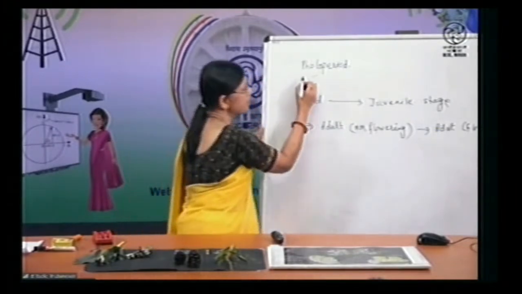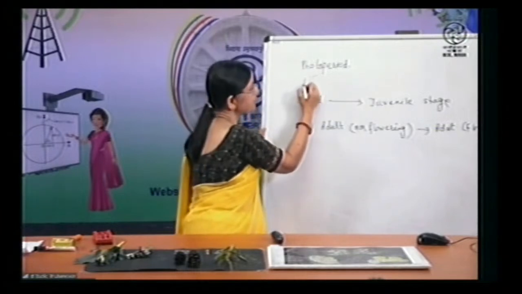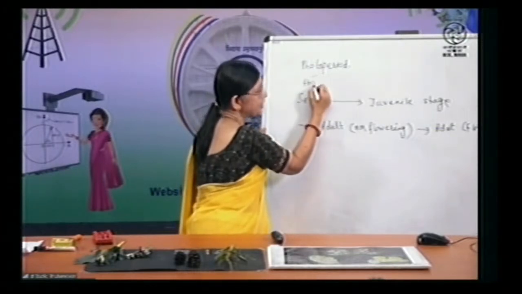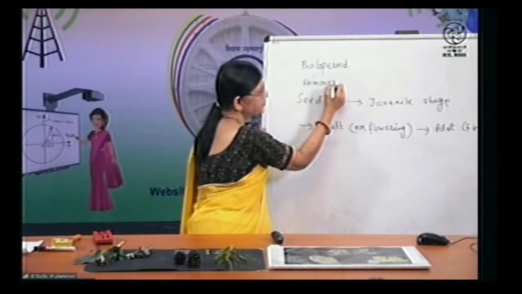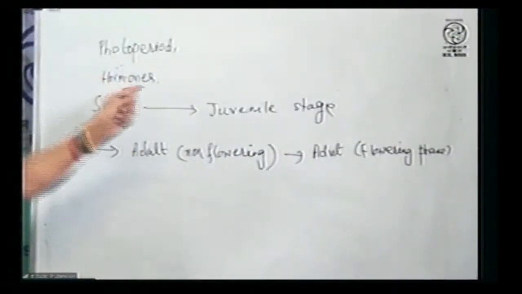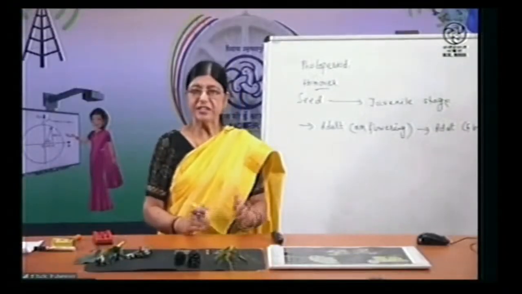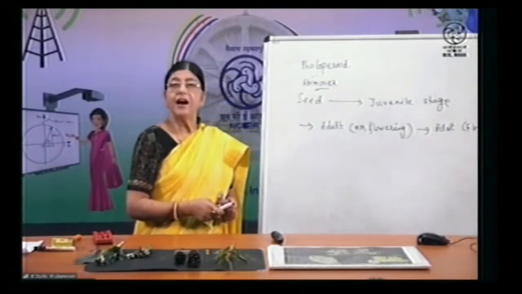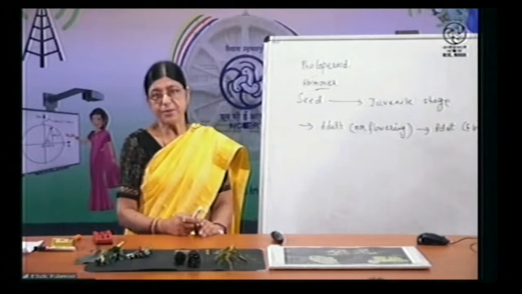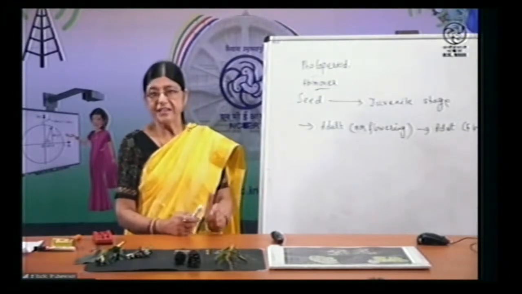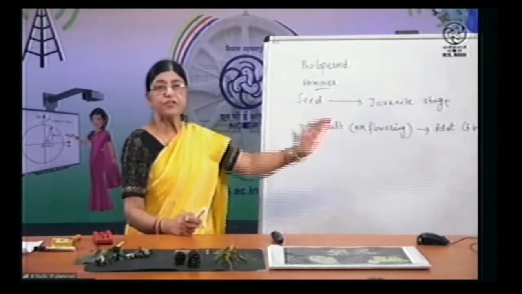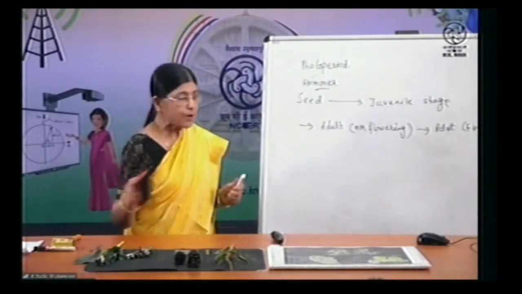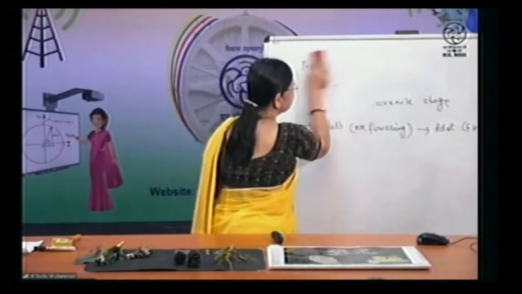And internal factors are several hormones like gibberellin. Apart from that, among external factors, if stress is there due to lack of food, low temperature or high temperature, or a lack of water, then flowering will also be inhibited. So these are some of the factors for flowering.